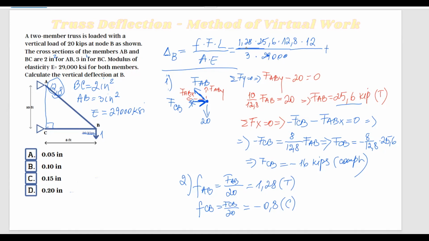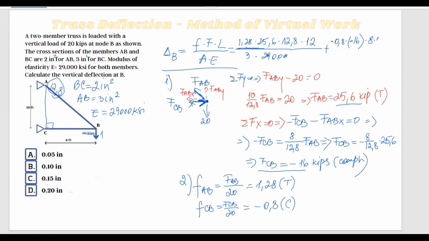Now we're going to go to member BC, and we're going to do the same thing. Lowercase f for CB is minus 0.8. So we do minus 0.8 multiplied by the force of member CB, which is minus 16, then multiplied by the length, which is 8 feet.